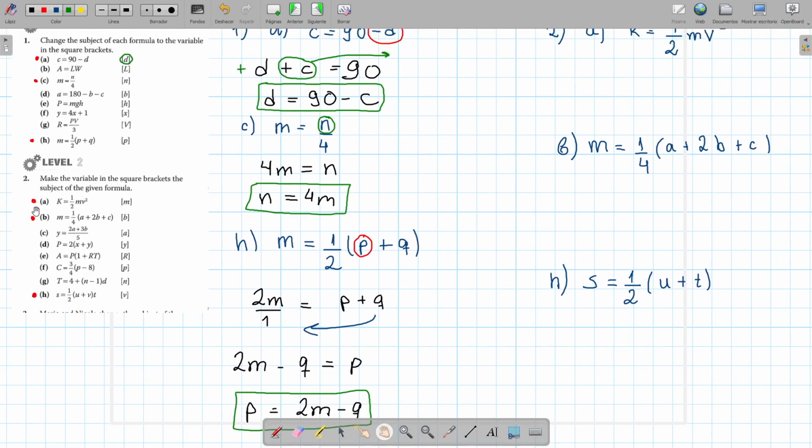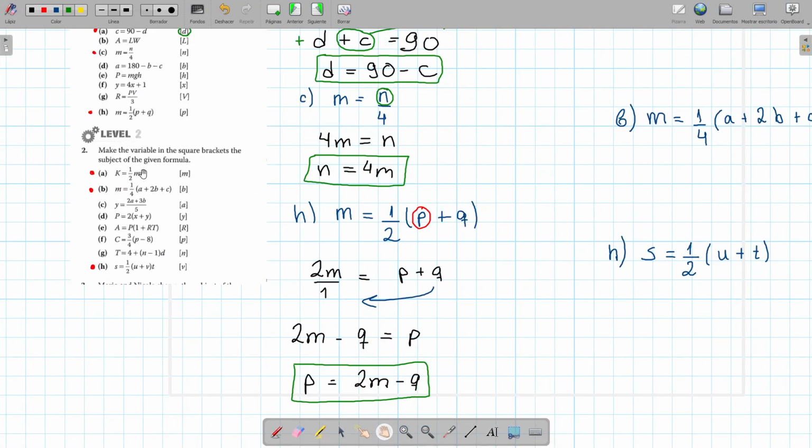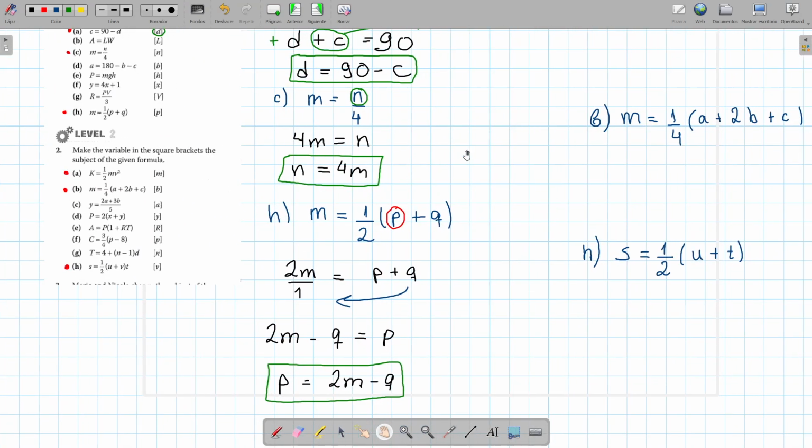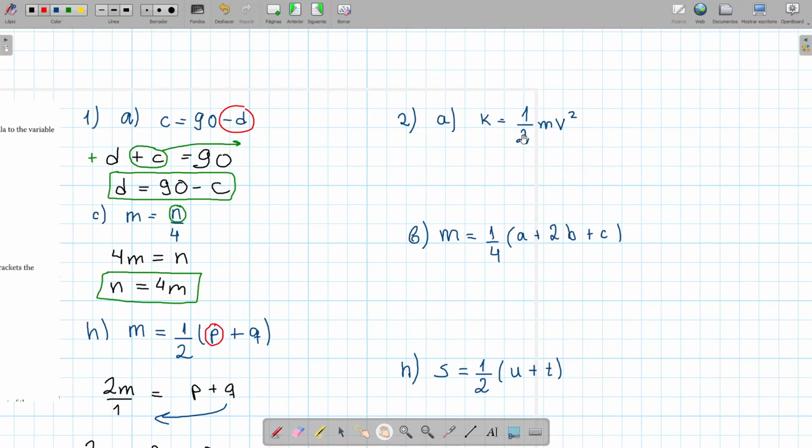Now, moving forward, we have more exercises like this. For example, here the variable that we have to put alone will be m. Now if we solve for m, we have this fraction. Remember, this kind of fraction represents a division. The 1 is multiplying everything, but the number 2 right here is dividing everything.